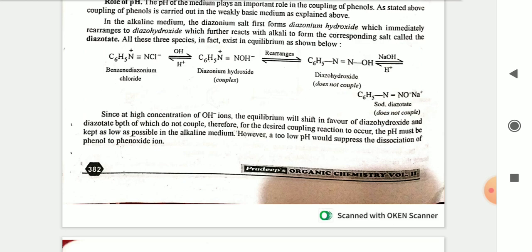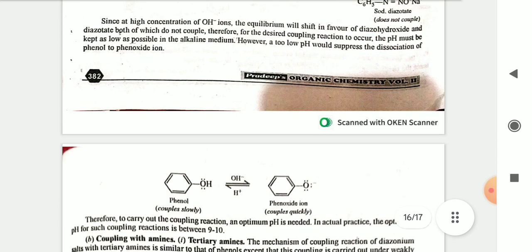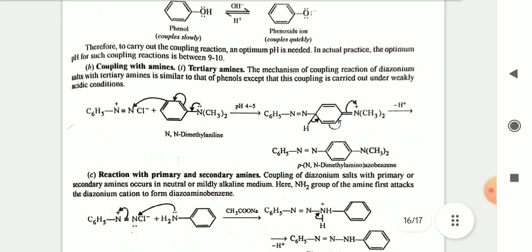However, too low a pH would suppress the dissociation of phenol to phenoxide ion. Therefore, an optimum pH is needed. In actual practice, the optimum pH for such a coupling reaction is between 9 and 10.